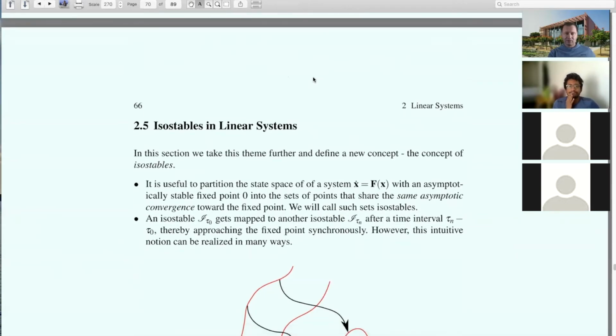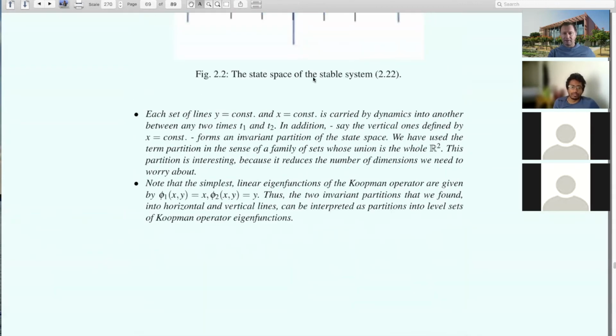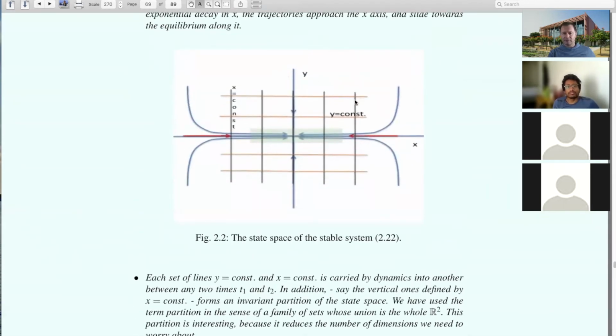So okay, what I was defining here is the partition of the state space, and I argued that these sets of initial conditions defined by x equal to constant go to the x equal to 0 line kind of concurrently.